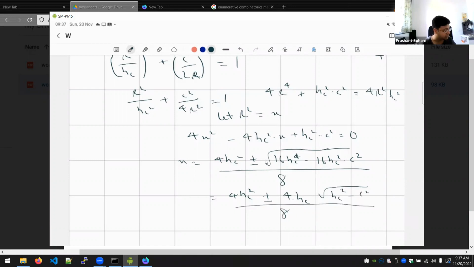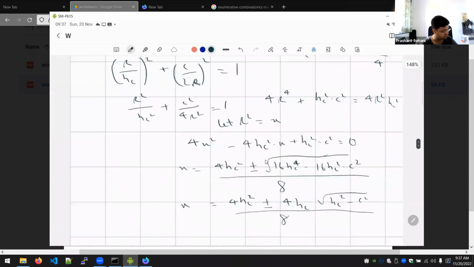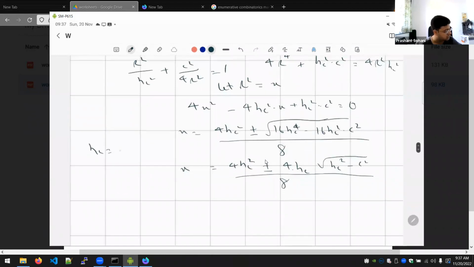I think at this point, we just have to substitute the values. Again, HC is 25 by 4, c is 6.